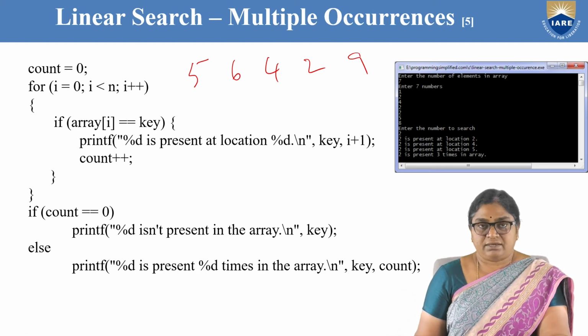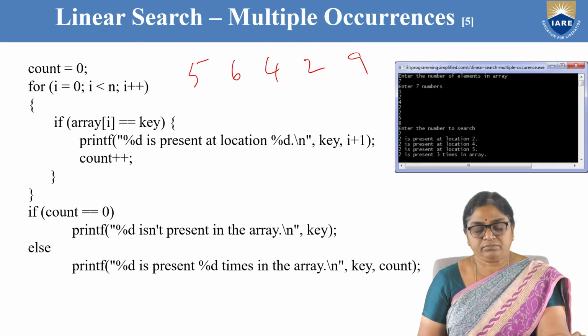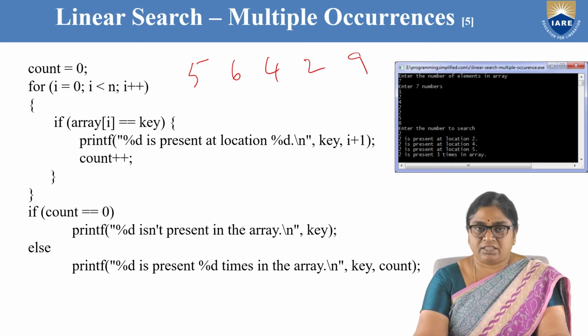Now we will extend this linear search. Suppose we want to find whether the given element is present more than one time or not, that is, whether that element occurs multiple times in a given list.